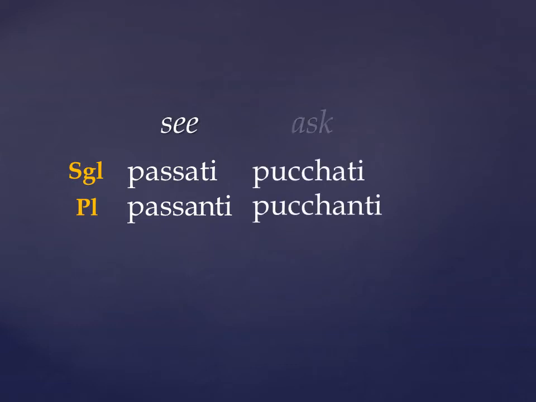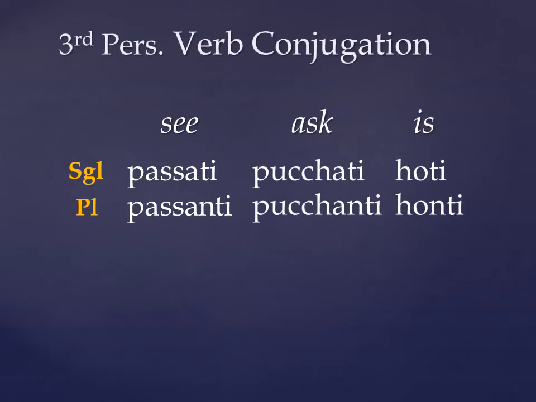So if we look at some more verbs as examples, now this changing of verb ending is termed conjugation. And if we compare the singular and the plural in third person verbs, we can see that the singular ends in ti and the plural is just unti.